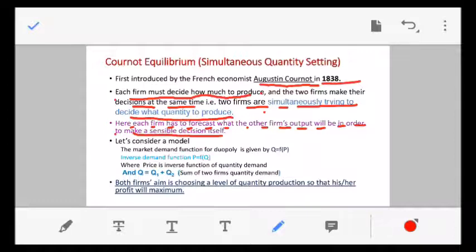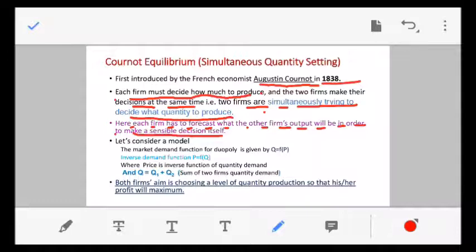Now consider you are firm 1 and I am firm 2, and we compete with each other. Both are opponents. How much I decide to produce depends upon what you are producing, and your decision to produce depends upon what I am producing.